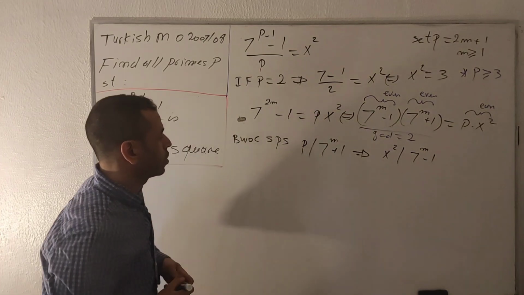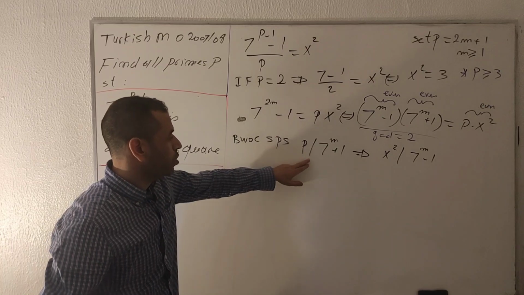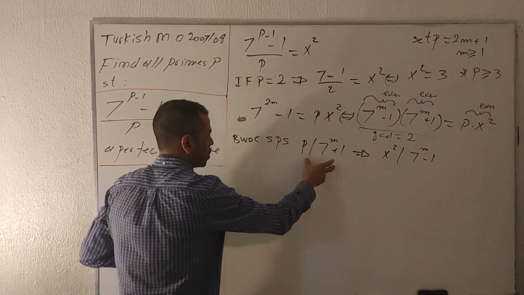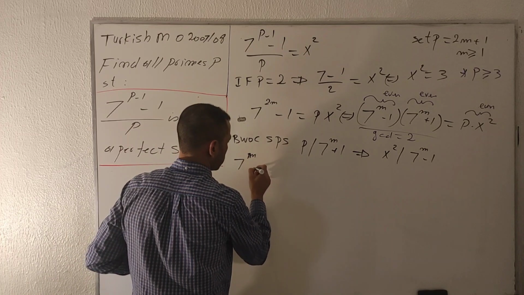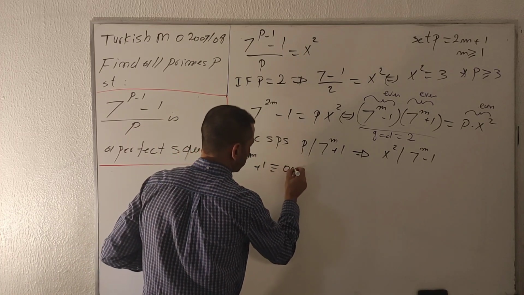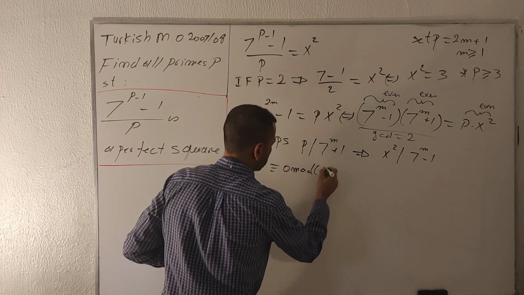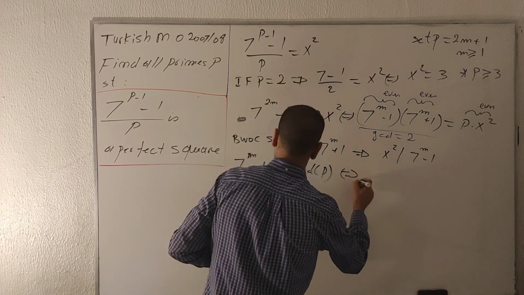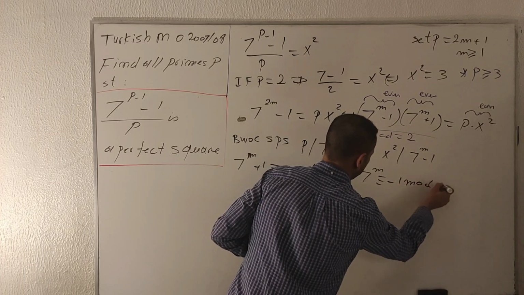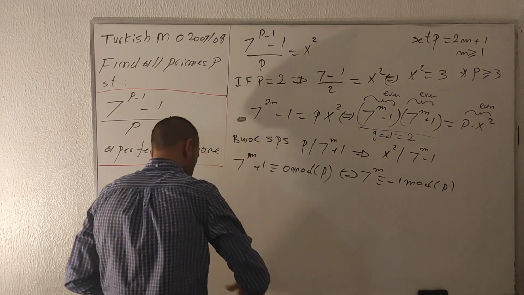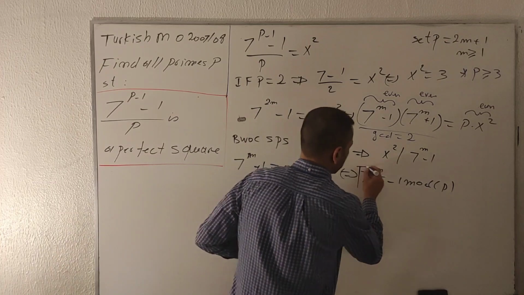According to the divisibility statement, this can be written in this form: 7^m plus 1 is congruent to 0 mod p. In other words, 7^m is congruent to minus 1 mod p. Let's call this statement number 1.